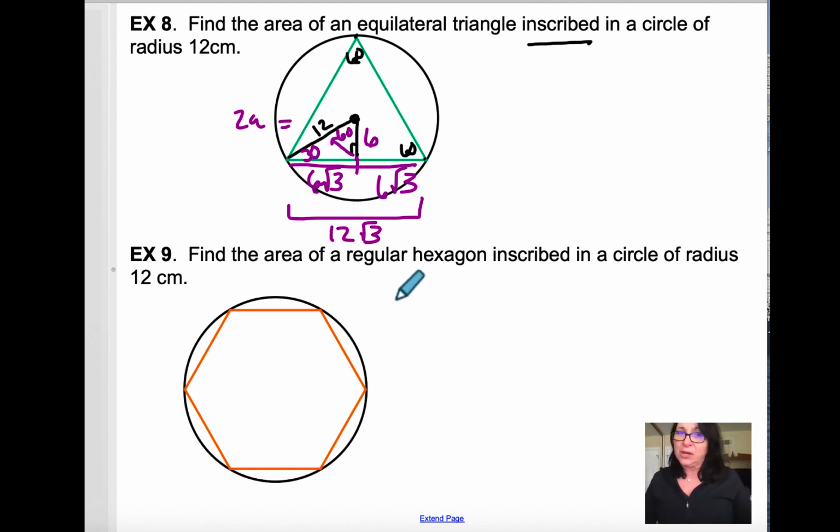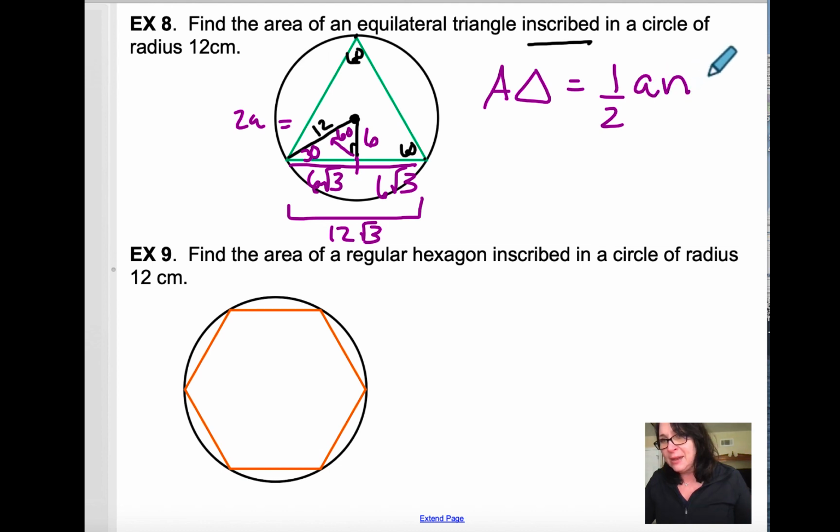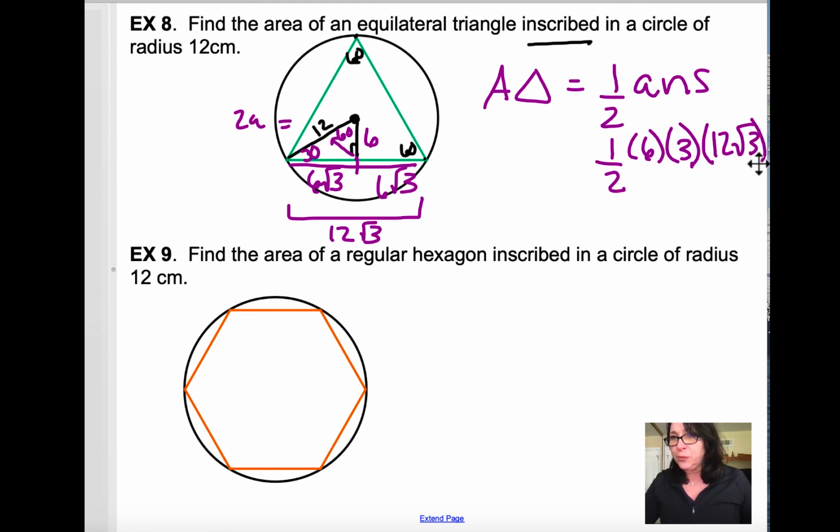It says find the area of the triangle. The area of a triangle, remember how we have two ways of doing this. One way is to use our 1/2 a n s, 1/2 my apothem, which is 6, times the number of sides. It's an equilateral triangle. It has 3 sides. The length of one side, 12 root 3.